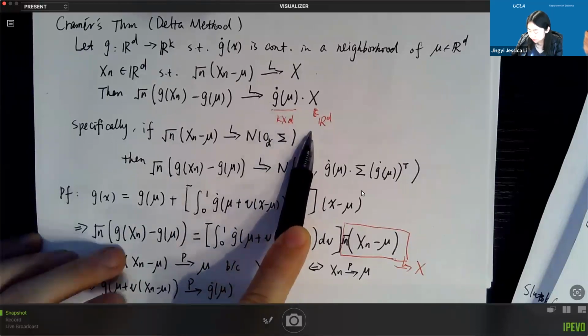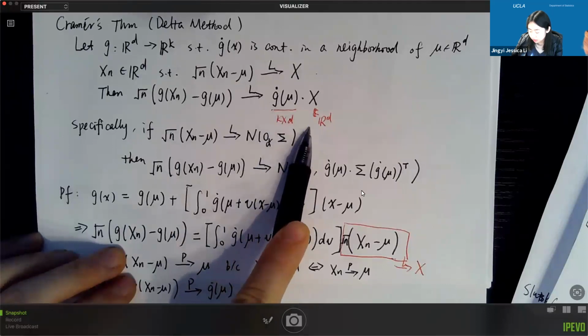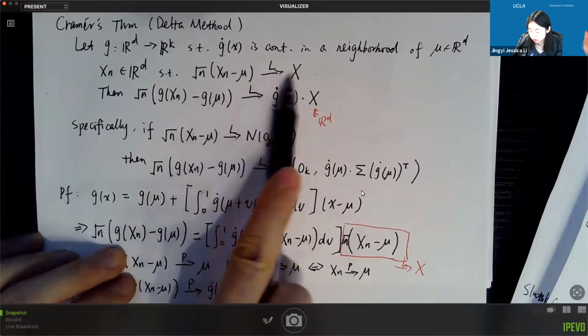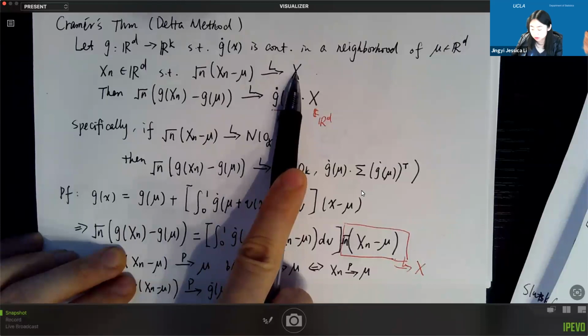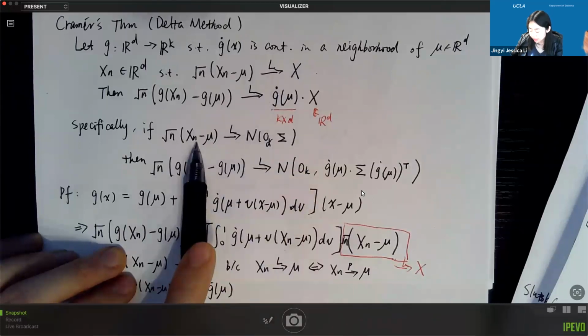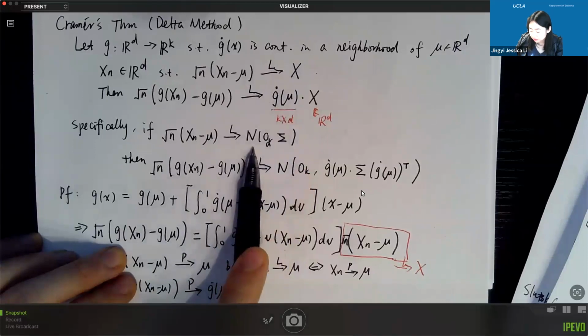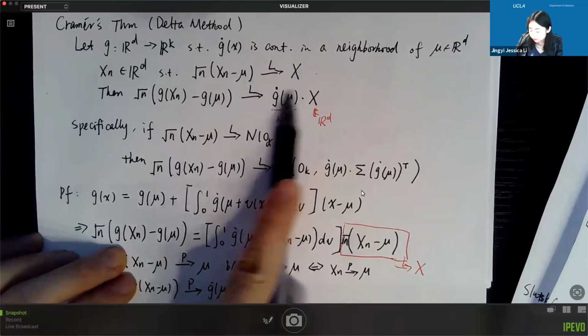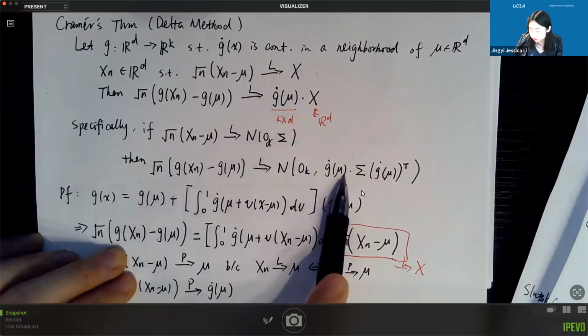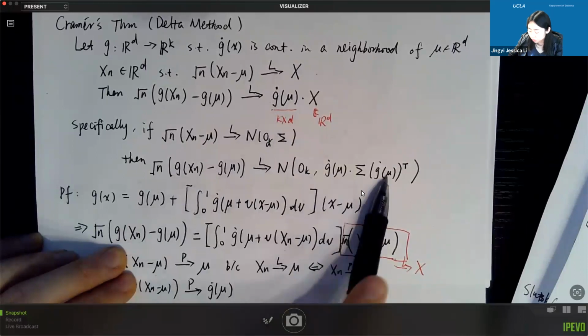Specifically, as in most cases, this condition was derived from the central limit theorem. Like here, then X will be a normal random variable. After the scaling, the scaling factor enters the covariance matrix, or variance if it's one-dimensional, in the normal distribution.